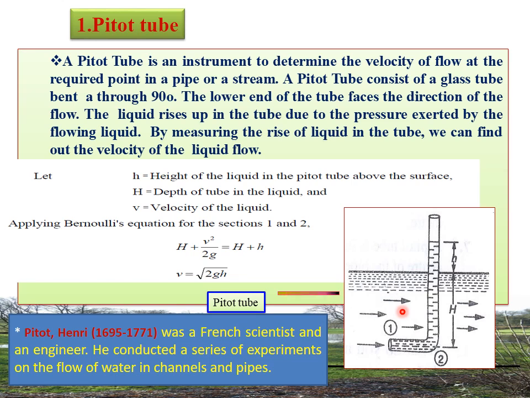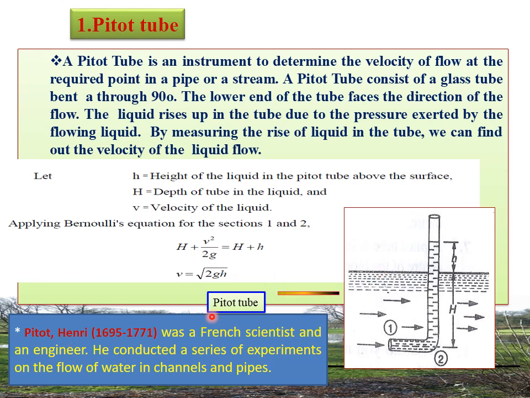This is the flowing liquid which enters the pitot tube, and then there will be a rise in height. This is the free liquid surface subjected to atmospheric pressure.